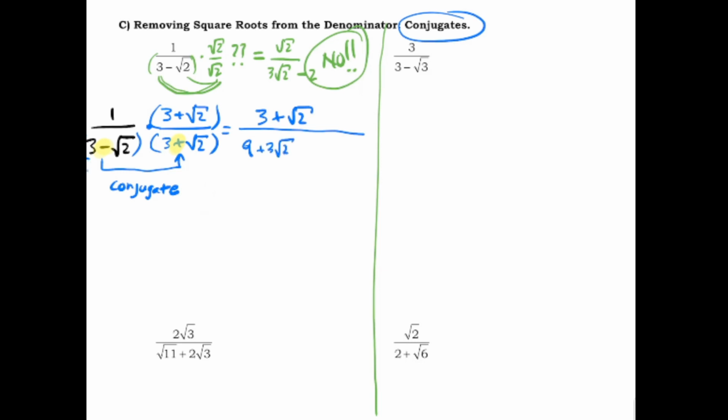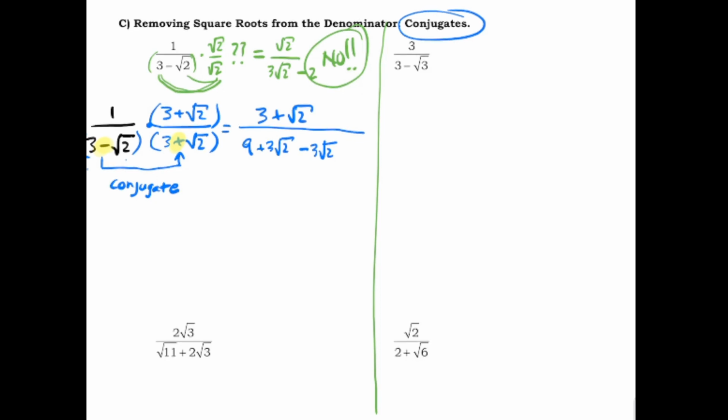Then you do the inside, minus root 2 times 3 gives you minus 3 root 2. And then you do these last terms. Minus times plus is minus, and root 2 times root 2 is 2.